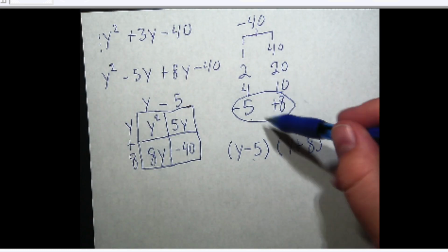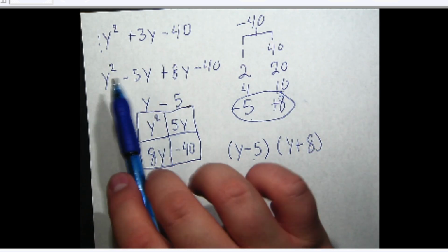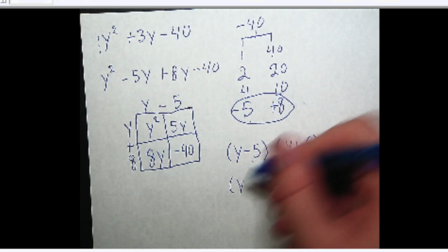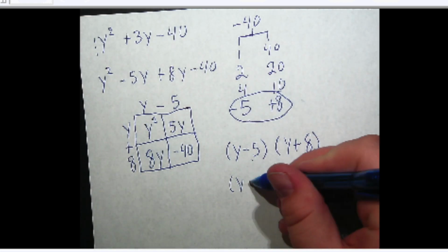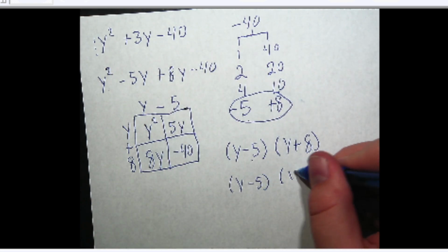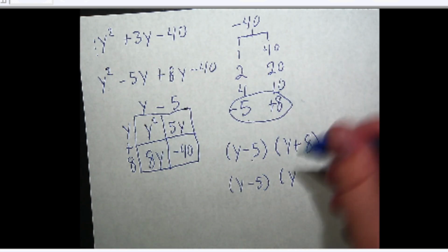So like this one, we found negative 5 and positive 8. Well, I know the variable we're using is y. So I would just say it's y, then filter this one in, negative 5. And then again, the variable we're using is y, positive 8.